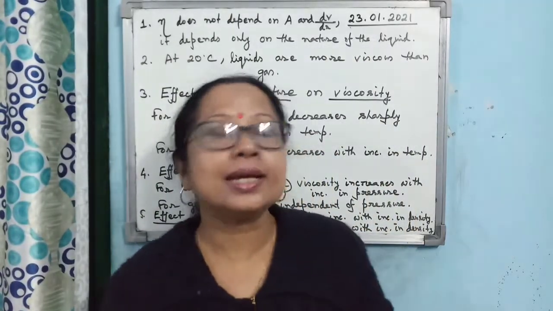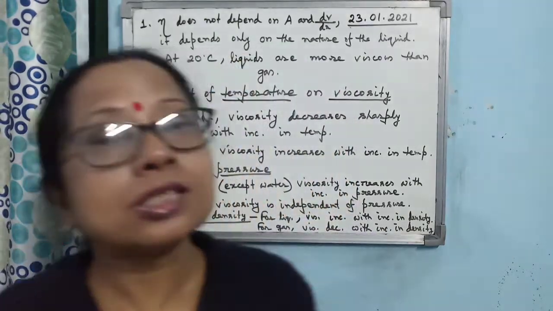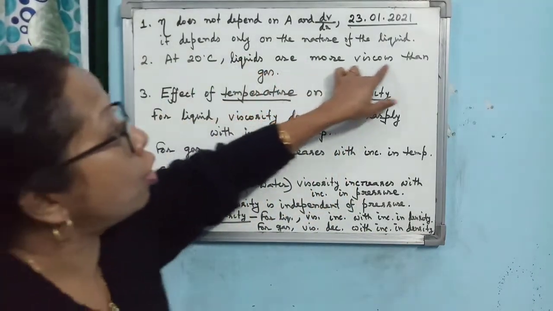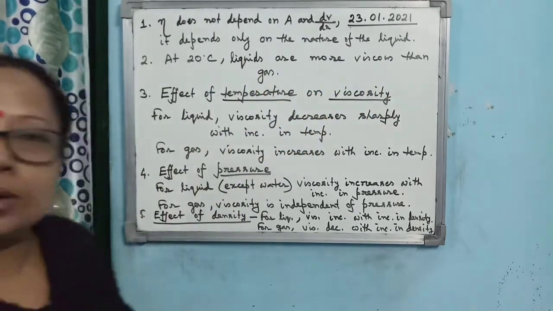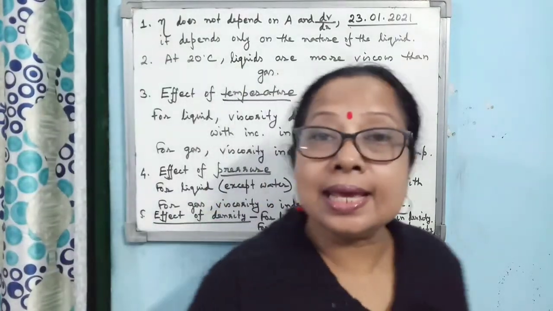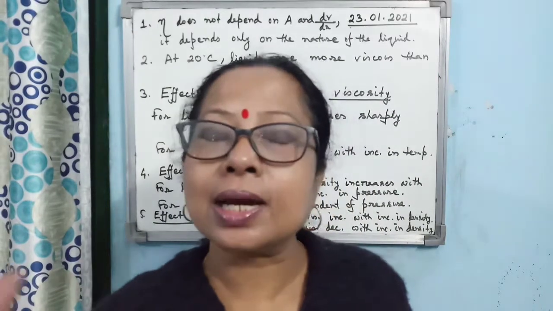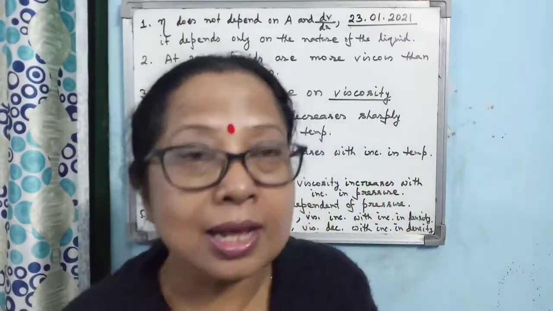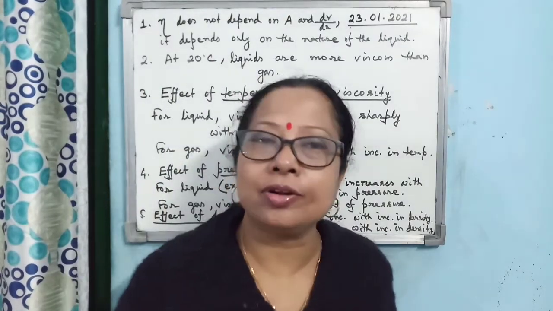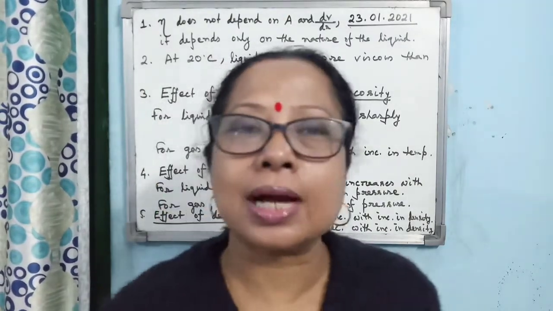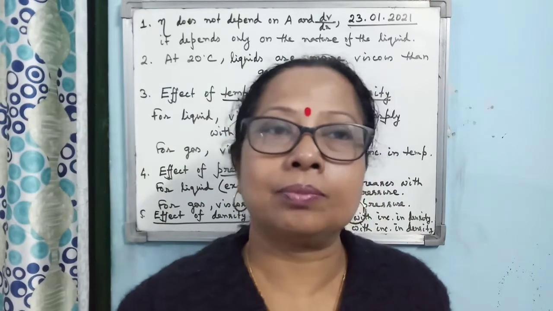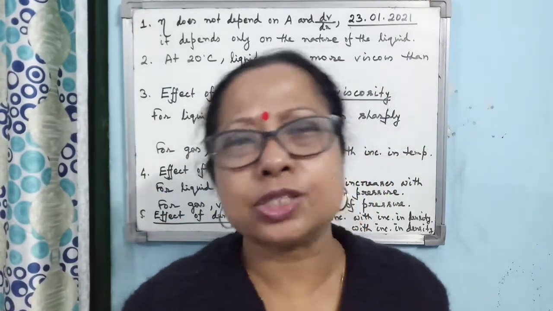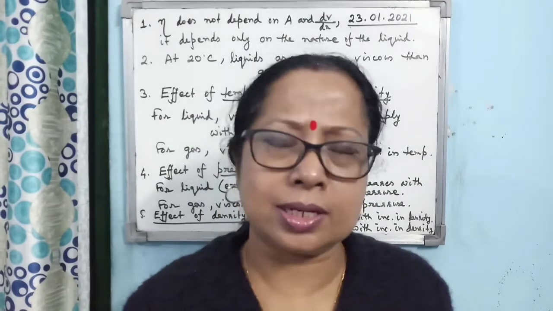Now at 20 degrees Celsius, the viscosity of a liquid is more than that of a gas. When you consider any liquid at 20 degrees Celsius, in our country the average temperature, although during summertime it is higher, you may almost say it is around 20 degrees, isn't it?